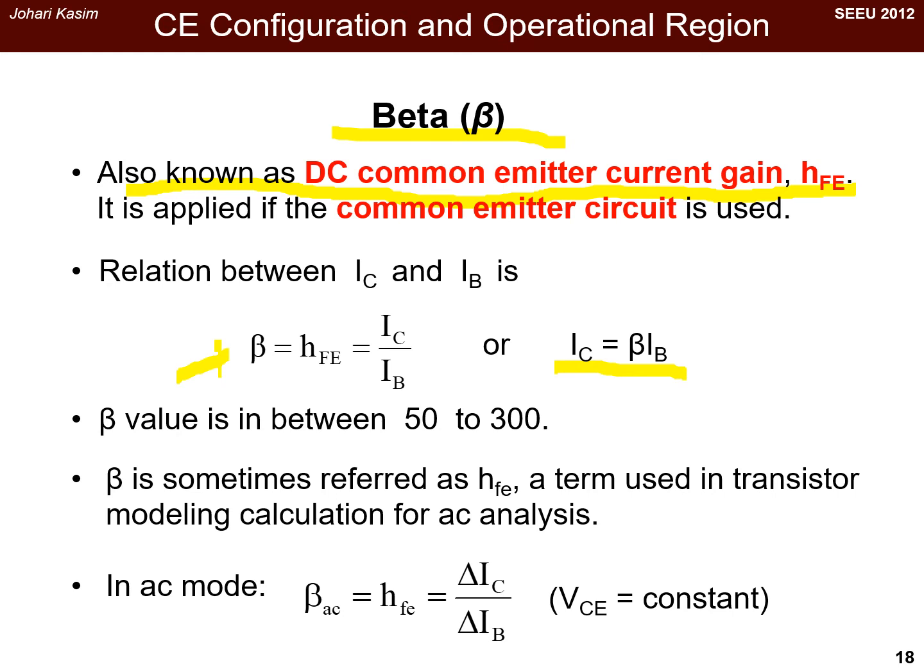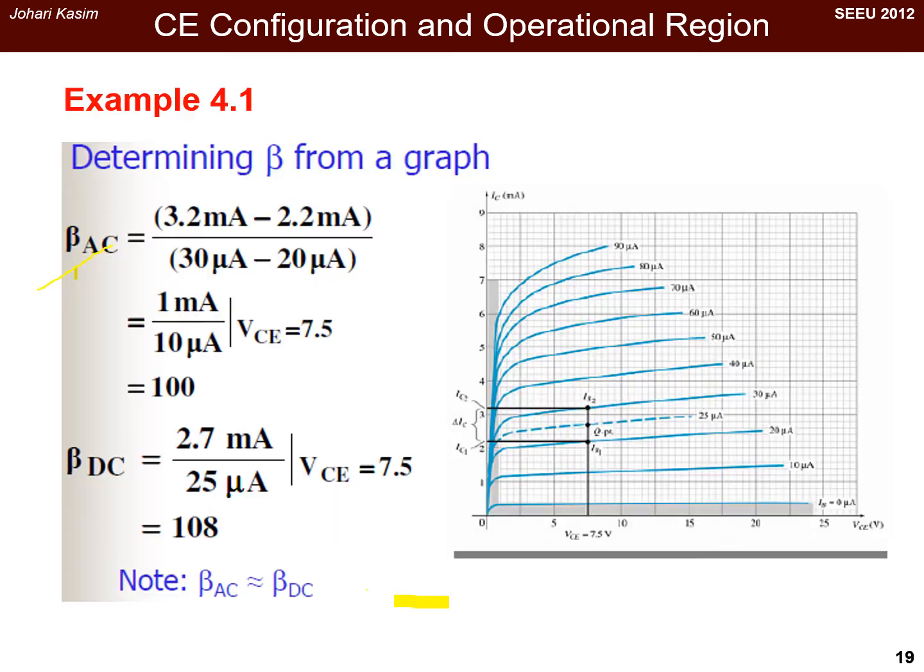Beta value is between 50 to 300 for small power transistors. Beta is sometimes also referred to as hFE, the term used in transistor modeling calculation for AC analysis.